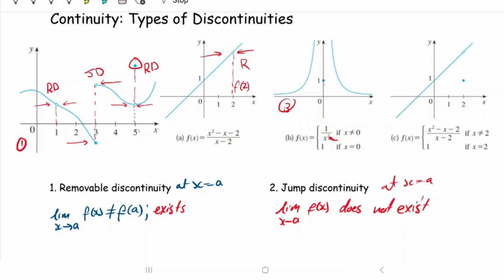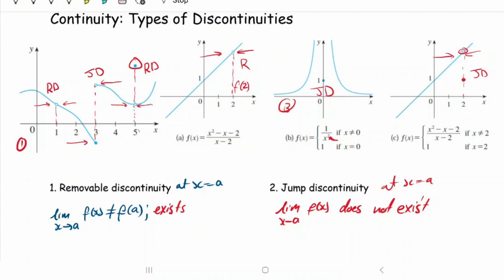So we say that the limit does not exist, and hence we've got a jump discontinuity. Again, with this fourth one, if you're approaching 2 from the left and right, there is a limit that exists, but f of 2 is not the same because this is an open point and this is a closed point. We then have ourselves a jump discontinuity.